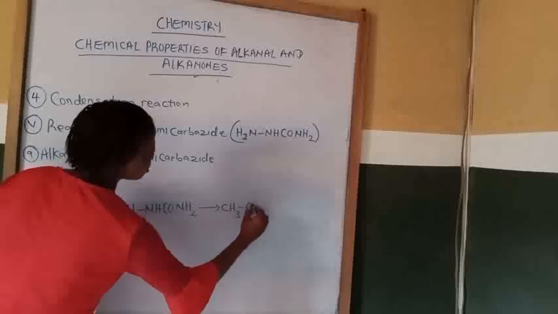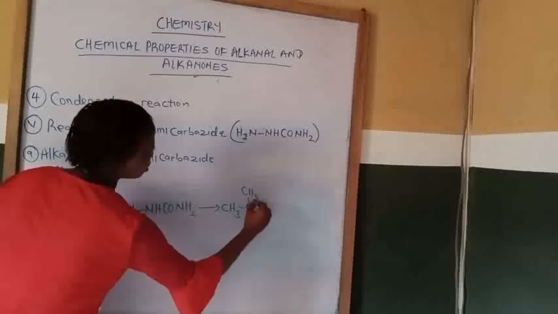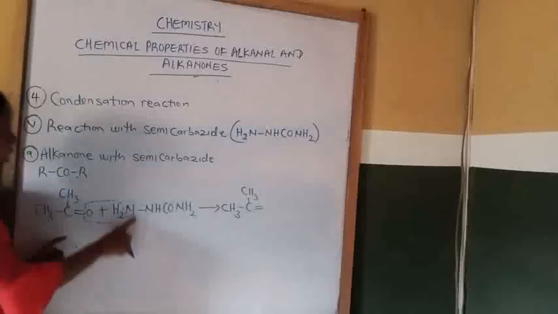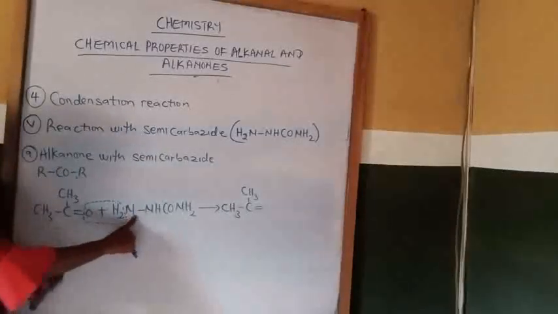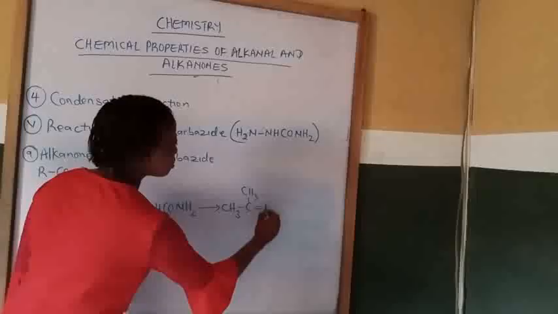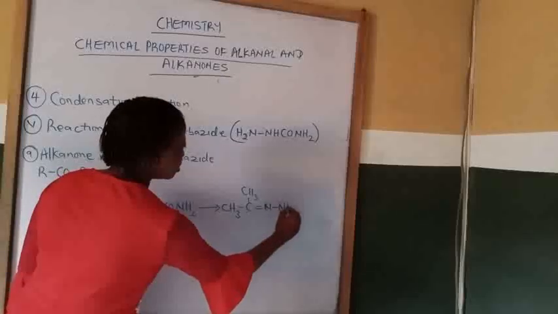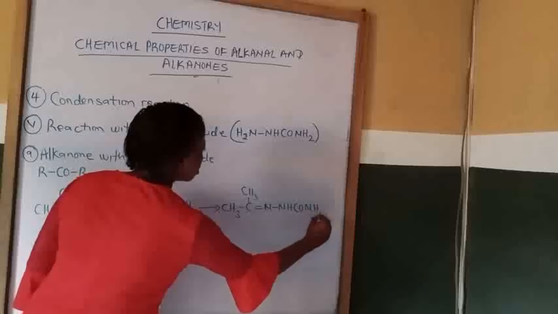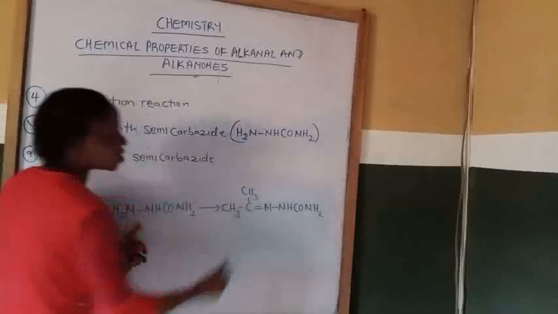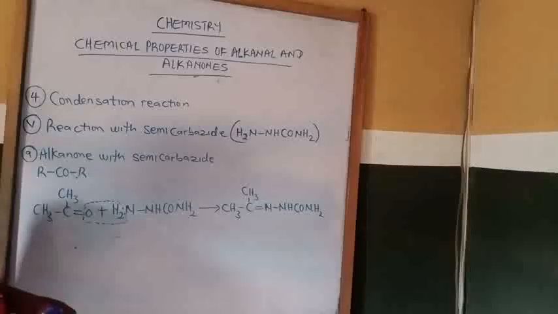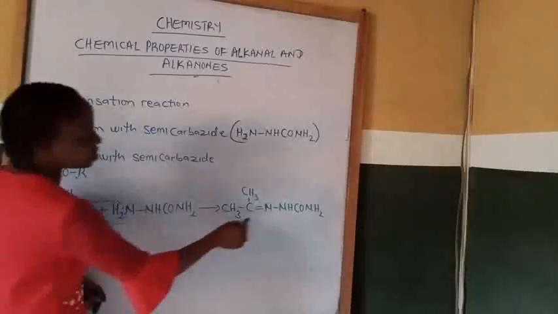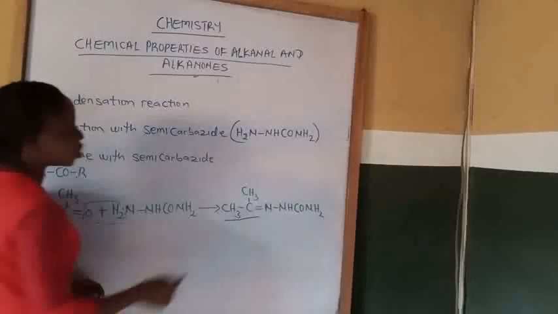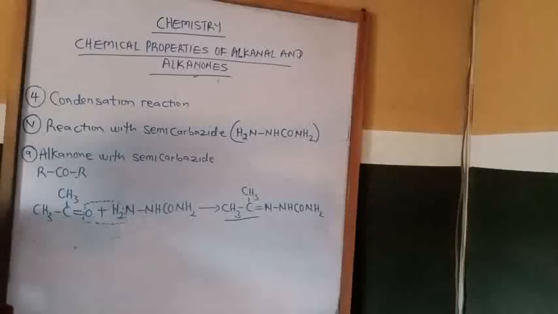CH3 CH3. The double bond will connect with the other reactant particle, that is NH2. So the other reactant particle is called the semicarbazone. This part of the reactant particle is under alkanone.